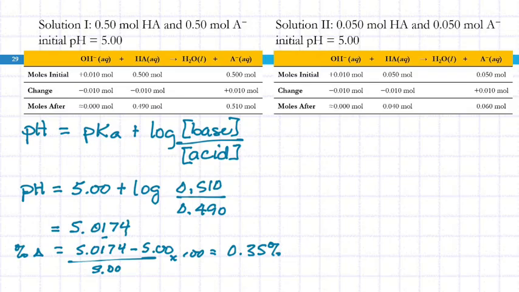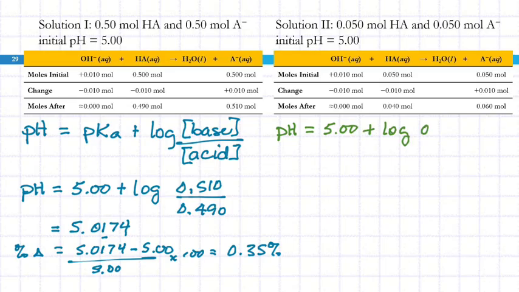Did you follow what I did there? Same process as on the previous page. So here, we just have different starting amounts, but the process is the same. So we're going to subtract and get our new initial moles of acid and base, which we then can convert into a concentration. The pKa is still 5.